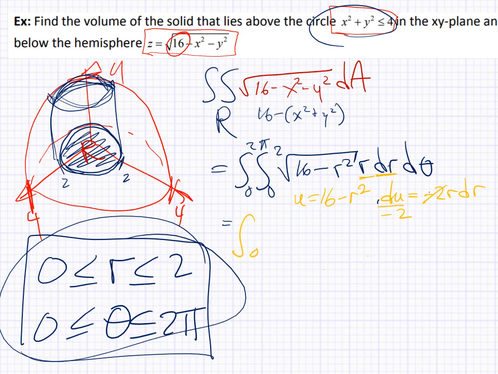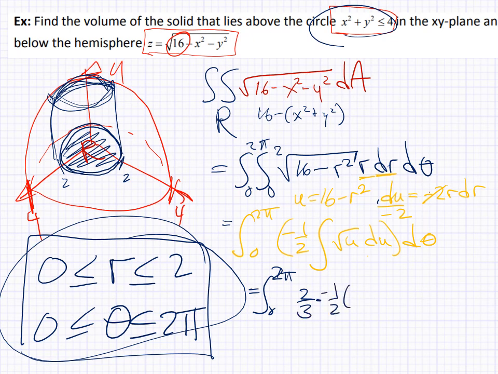So I have this 0 to 2 pi. That's going to sit there. I have a minus 1/2 integral of the square root of u du. That's what I'm going to have to integrate, and then I'll work with the 0 to 2 for my r. So you integrate u to the 1/2, that would be 3/2, 2/3. I still have this minus 1/2 here, and it'll be u, which is 16 minus r squared, to the 3/2, between 0 and 2.